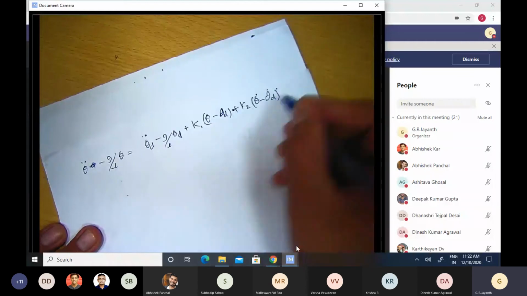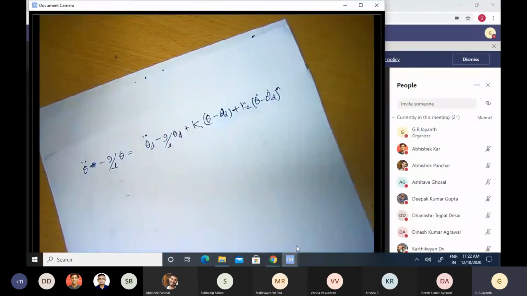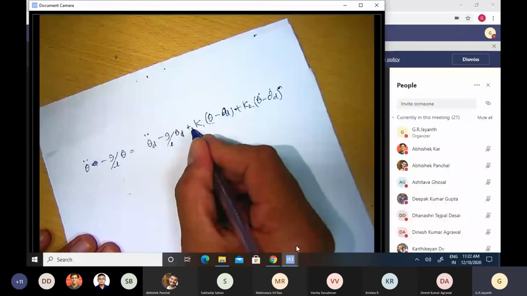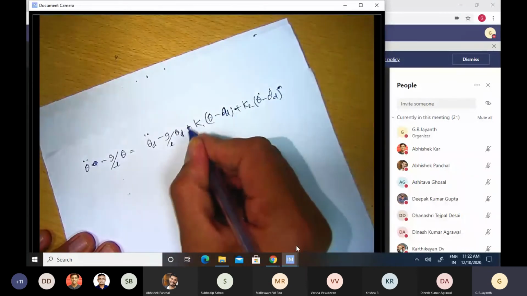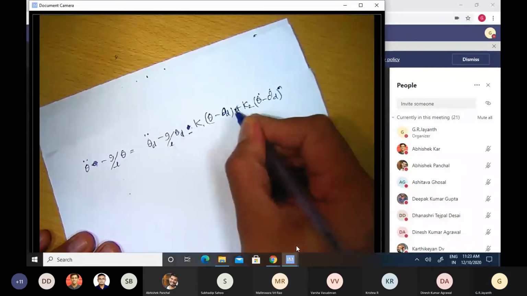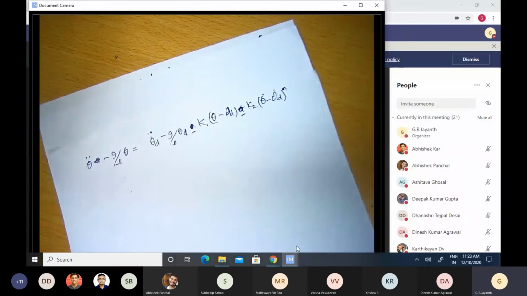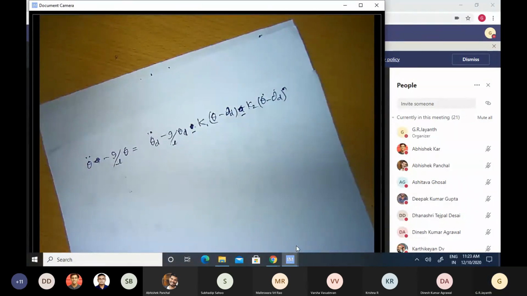Okay. Well, for reasons that will become clear later, instead of making these signs plus, I will make these signs minus. For reasons that will become clear in a moment.